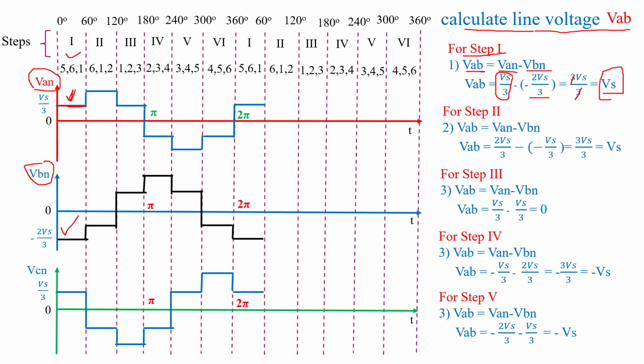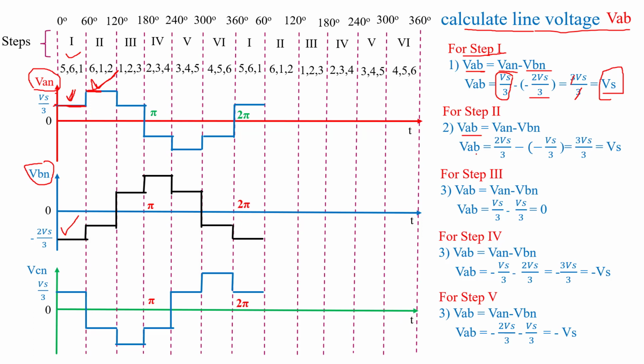Similarly, in step 2, we calculate VAB, VAN minus VBN. We find the value of VAN for step 2 from the waveform. Here we see this is step 2 and the value is 2 Vs by 3. If this is Vs by 3, then this is 2 Vs by 3.